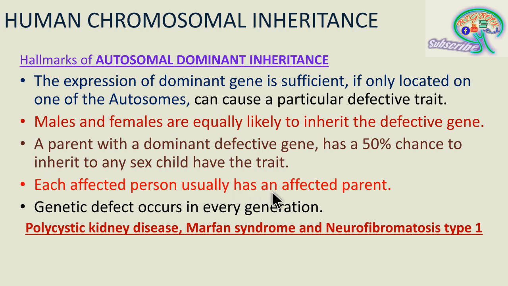Each affected person usually has an affected parent. For example, if the offspring is showing the defective trait, it should come from the parents themselves. As we are discussing genetic disorders, if the person is suffering from the genetic disorder, then as this is an autosomal dominant inheritance, the parent is also going to be suffering.